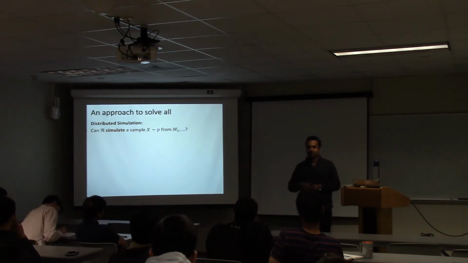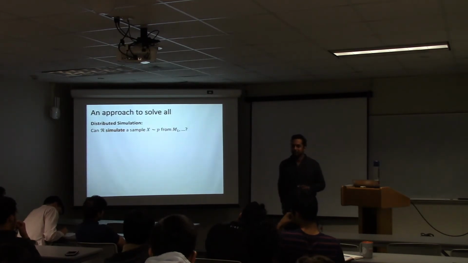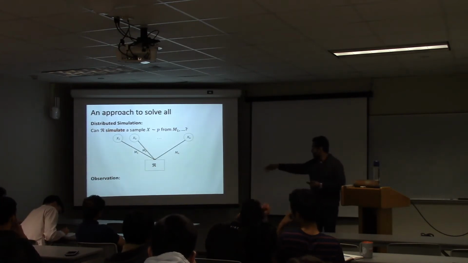So the question here is, you have this centralized referee, can it simulate one sample or one draw from the distribution P after looking at these messages that are not long enough to describe it? Okay, and yeah, so that's the goal.